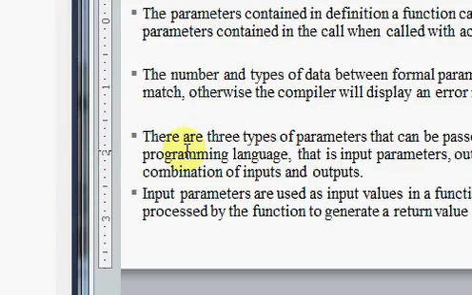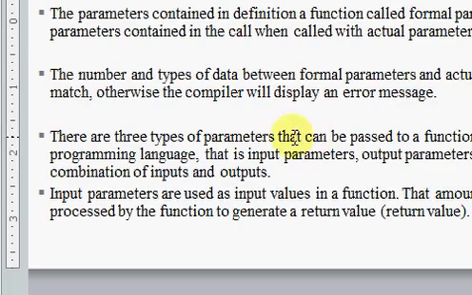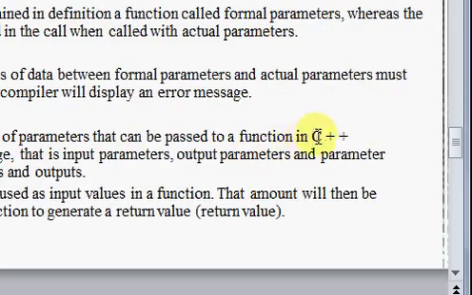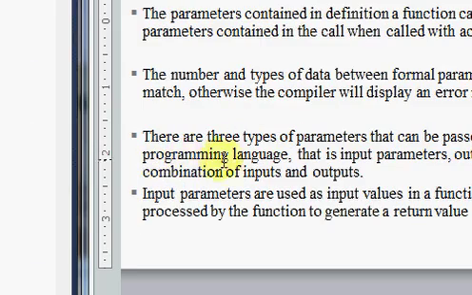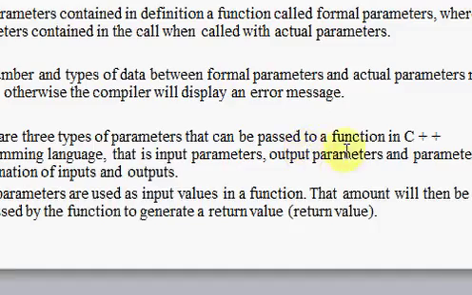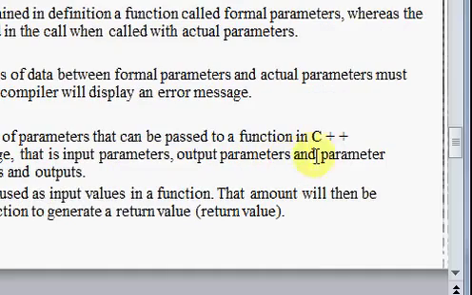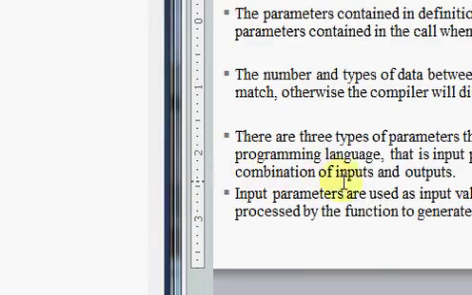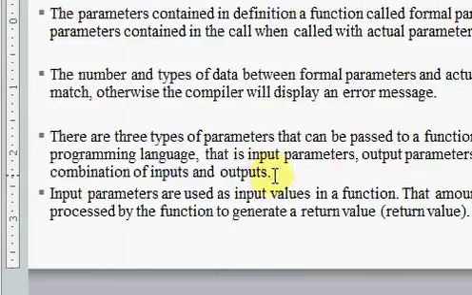There are three types of parameters that can be passed to a function in the C++ programming language: input parameter, output parameter, and a parameter that is a combination of input and output.